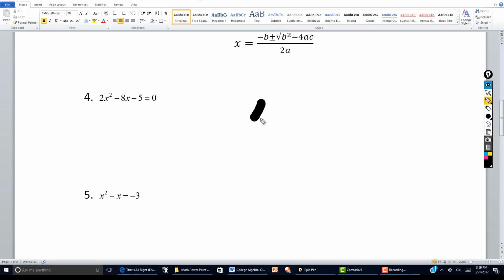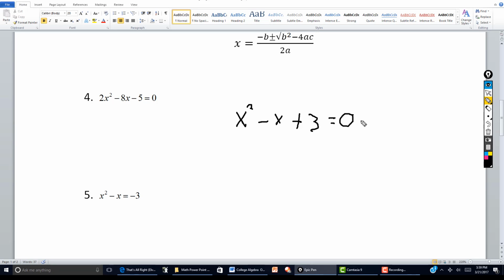So again, I want to write this in the standard form. So this will be x squared minus x, and then I bring this 3 over, add 3 to both sides to make this a plus 3, and then this side will be 0.